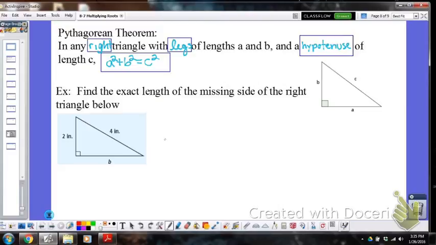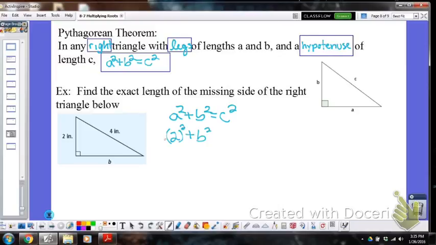So we are going to use that equation to find the length of the missing side of the right triangle below. So we have side lengths of 2 and b and a hypotenuse of 4. So using our formula, a squared plus b squared equals c squared. Well, we know a, that is one of the side lengths. That is 2 squared. We don't know the other side length.